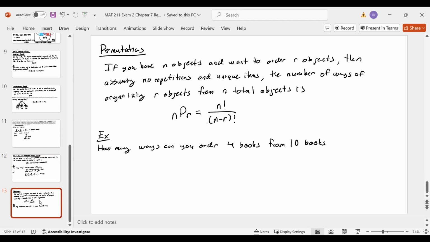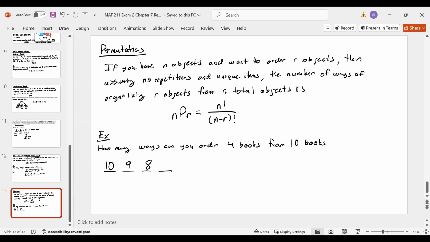Okay. So again, if you just play the game that I've shown you, well, how many books do you have? 10. How many books do I actually want to order? I want to order 4 of them. So 1, 2, 3, 4. I only need 4. So then how many options do I have for my first book? I have 10 options. I've used the book. How many options do I have left now? 9. Okay, I've used the book. How many options do I have left now? 8.